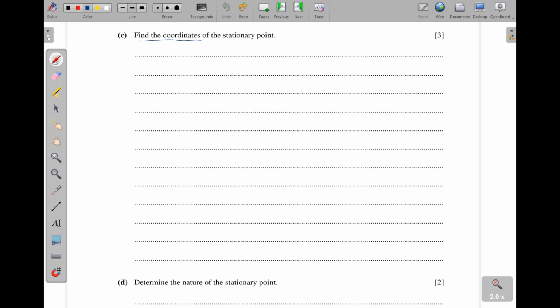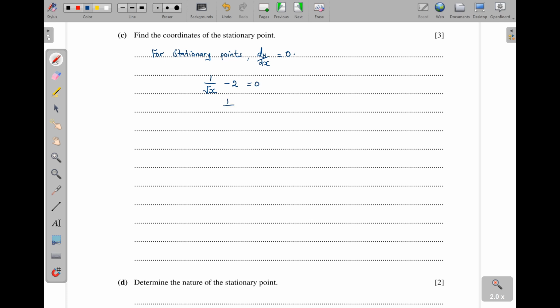Part C, find the coordinates of the stationary points. Of course, you know that for stationary points, dy/dx is equal to 0. So we shall get the dy/dx, and then we equate it to 0. Our dy/dx was given as x to the power -1/2, so we shall have 1 over the square root of x, then plus k, but k is -2. We equate this one to 0.